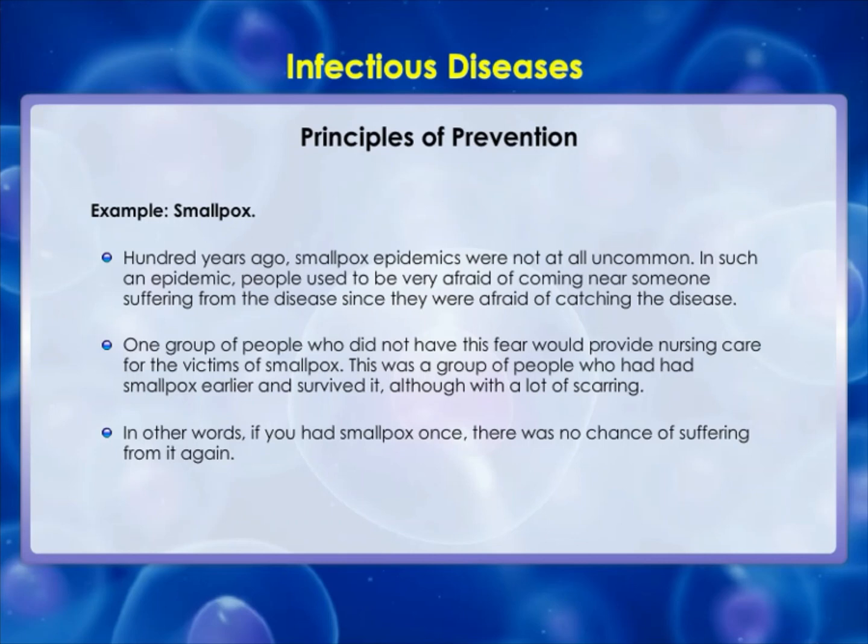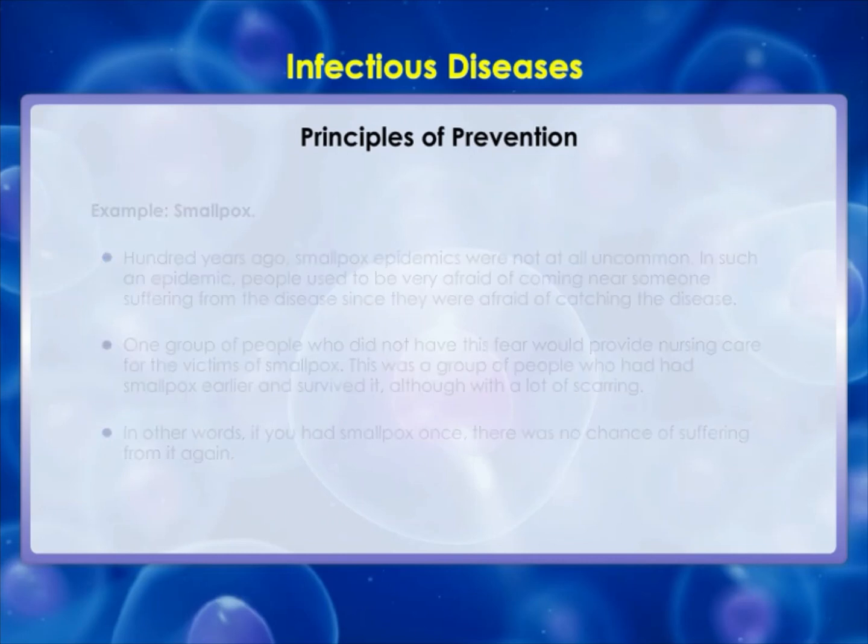This happens because when the immune system first sees an infectious microbe, it responds against it and then remembers it specifically. So the next time that particular microbe or its close relatives enter the body, the immune system responds with even greater vigor. This eliminates the infection even more quickly than the first time around. This is the basis of the principle of vaccination that has come into our usage.